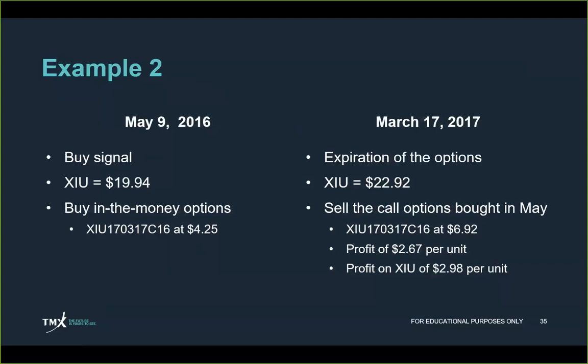You're going to sell the call option that you bought a while back based on the signals that you're observing. Where once you paid $4.25, because you caught a portion of that trend, remember, not necessarily all of it, you can sell at $6.92, a profit of $2.67, and ultimately, you've made a fairly healthy return on your investment.